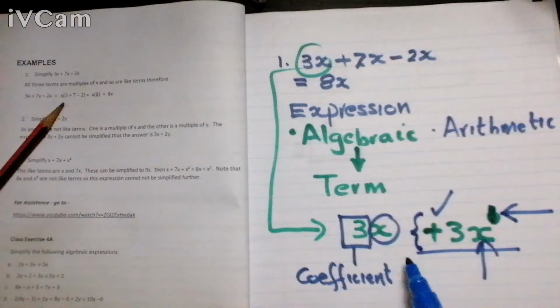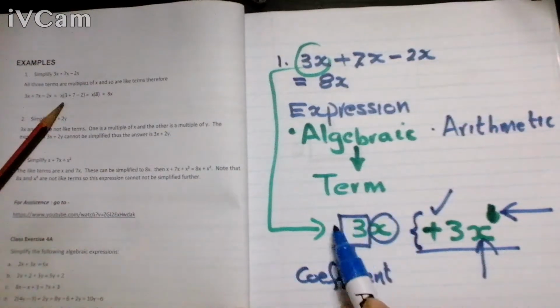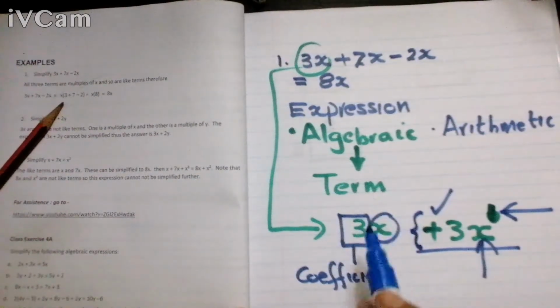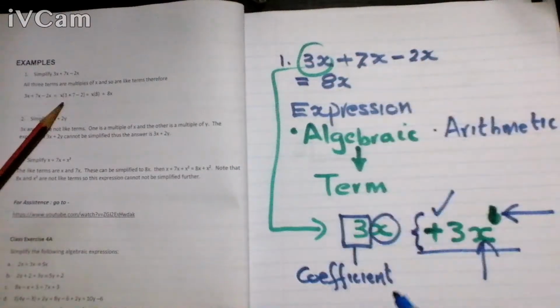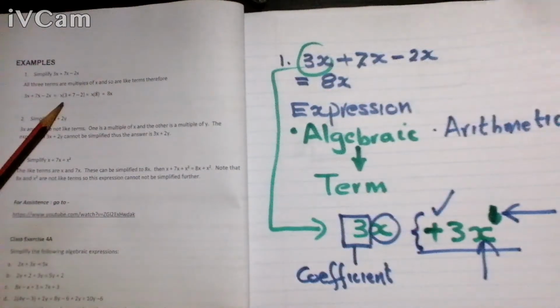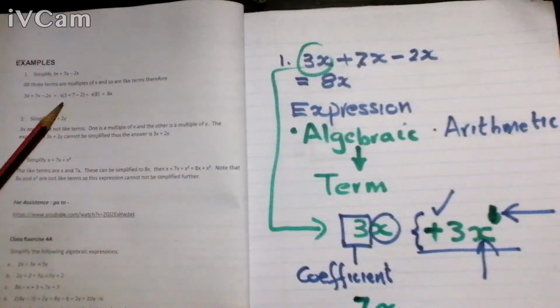So you have this term here, which is 3x, and the next term that we see there is 7x. Now, the type of term here, first of all, is very similar. The only difference is the numbers, the coefficients, and most importantly, the exponent is the same.